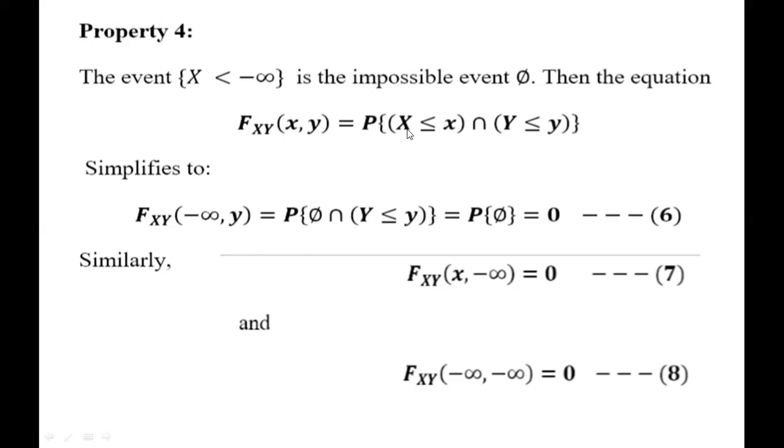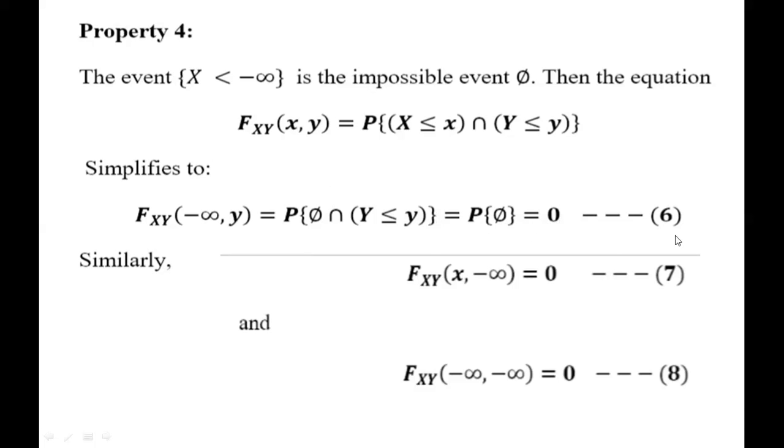The probability of random variable X less than minus infinity is an impossible event, that is a null set. The null set is represented by the symbol phi, so write down the symbol phi. The event X less than or equal to x results in a null event. The intersection of a null event with the random variable Y is obviously a null event. The probability of a null event is always equal to 0.